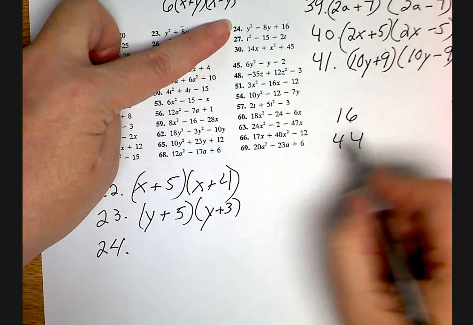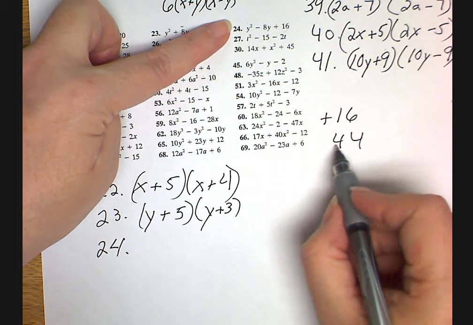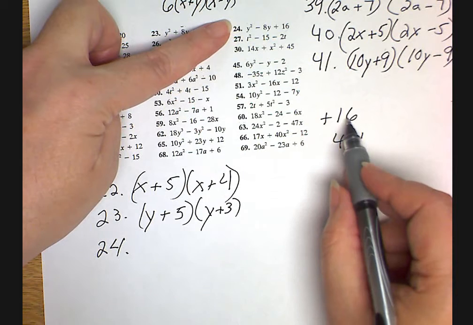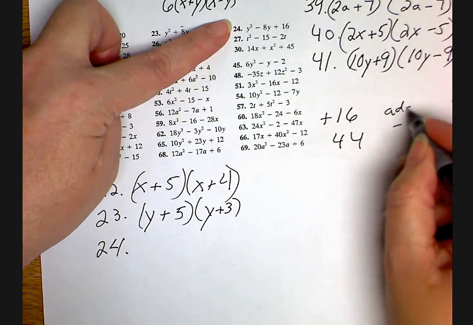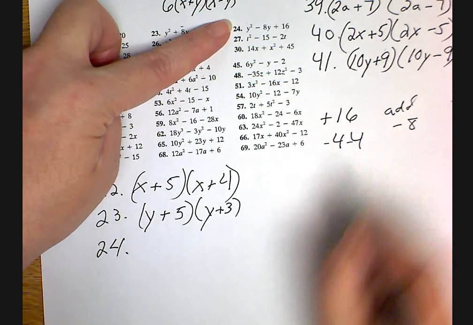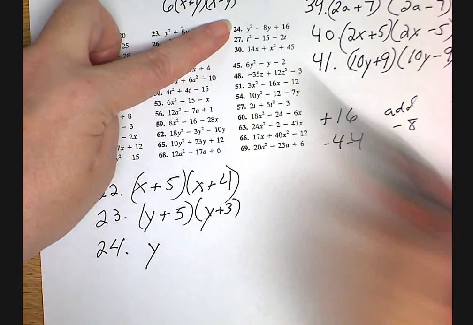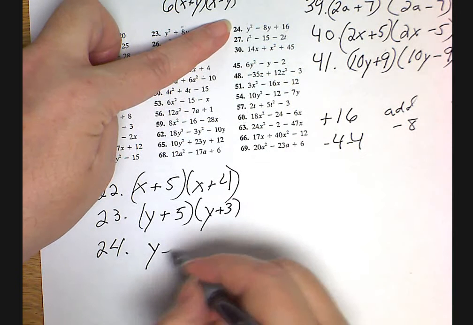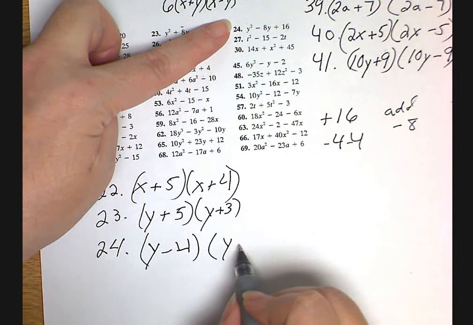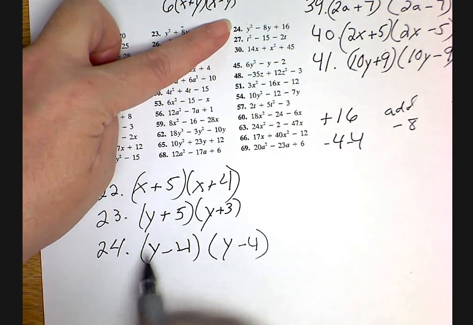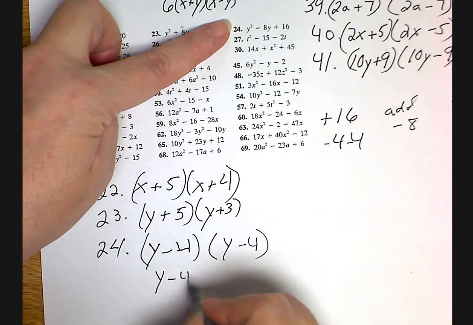And we want it to be a positive 16, so 4 times 4 is just 16, but we want it to add up to be a negative 8. So negative 4 and negative 4. So our answer then would be y minus 4 and y minus 4. Now, because they're the same, you can say it y minus 4 squared.